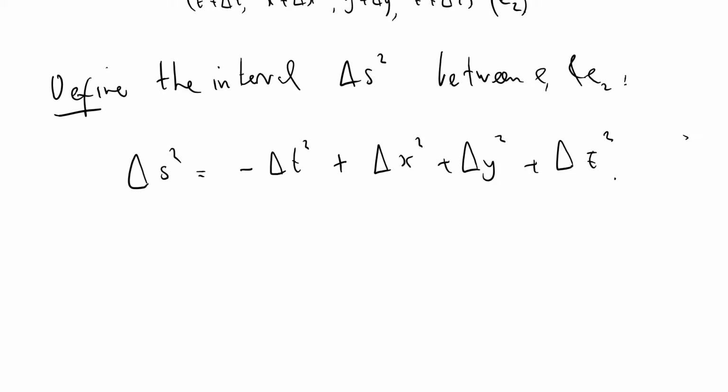So I'm going to spend a little bit of time talking about it and a little bit of time trying to work out how it transforms when we change our coordinate system.